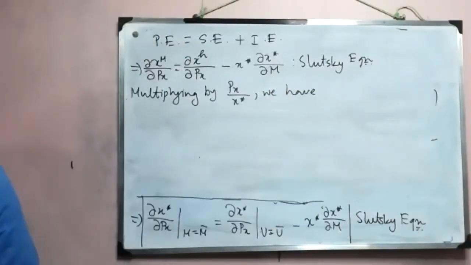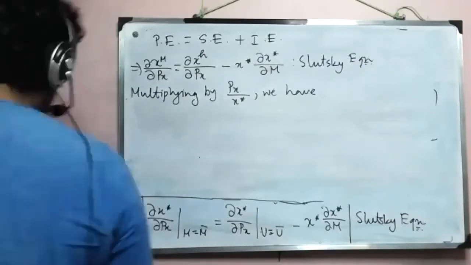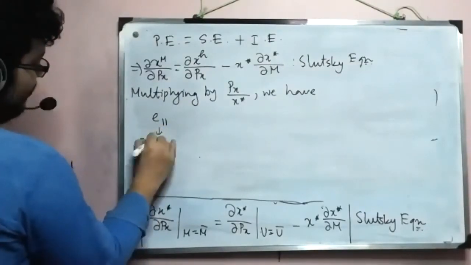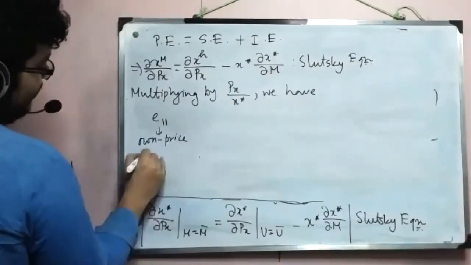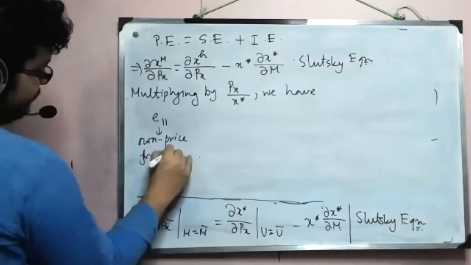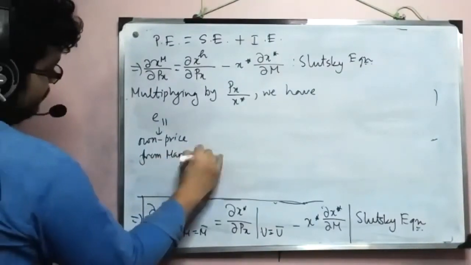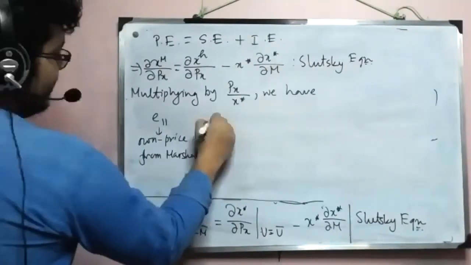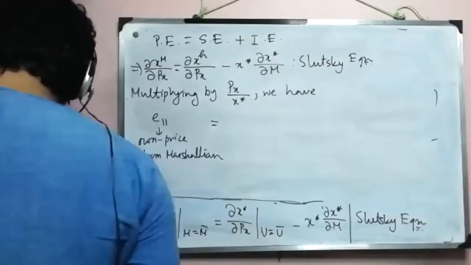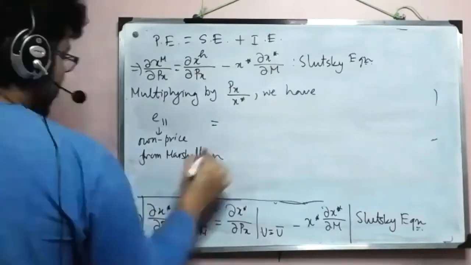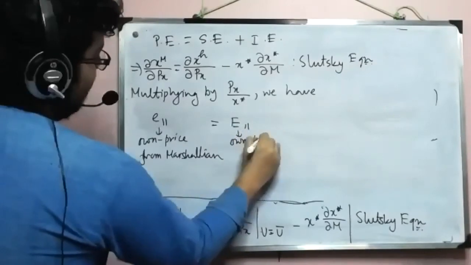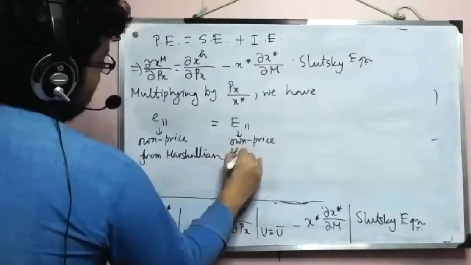So the first one will immediately become elasticity, own price elasticity of the Marshallian, right? So this is own price from Marshallian. Del x star del px into px by x star. Similarly, the other one will become elasticity own price from the Hicksian. So this will be own price Hicksian.